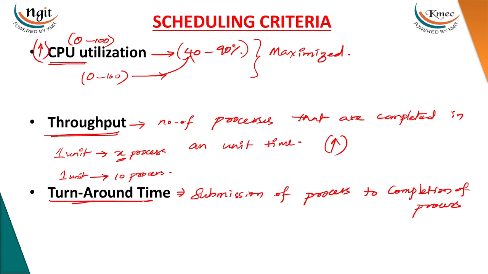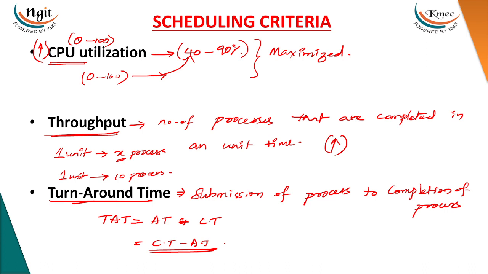The next one is turnaround time. It is the time at which the process comes to your system, that is the arrival time, and the time at which the process completes its execution. That is CT minus AT, completion time minus arrival time.